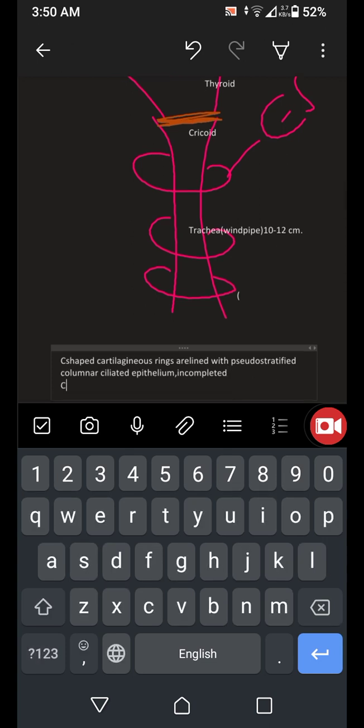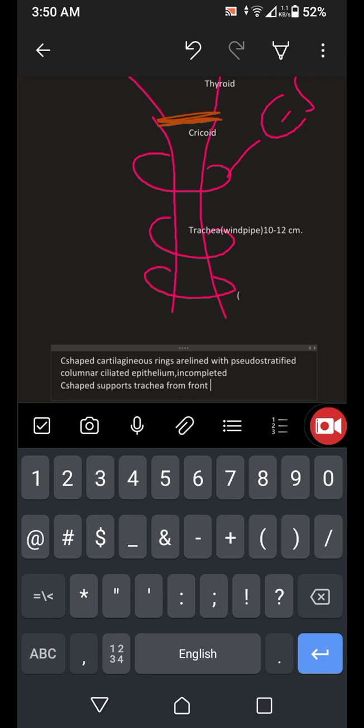These C-shaped rings support the trachea from the front, or we can say anteriorly.